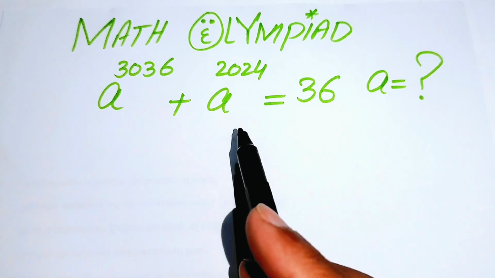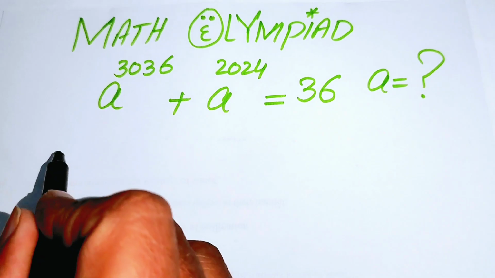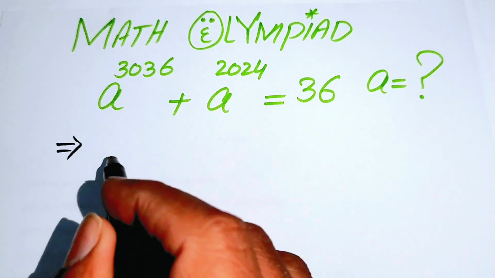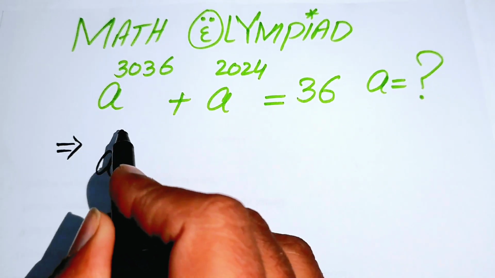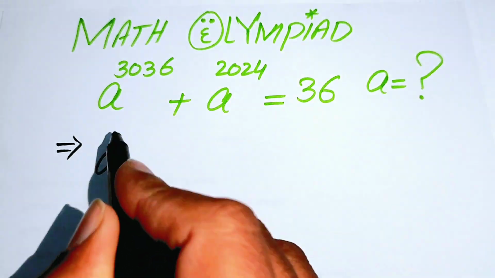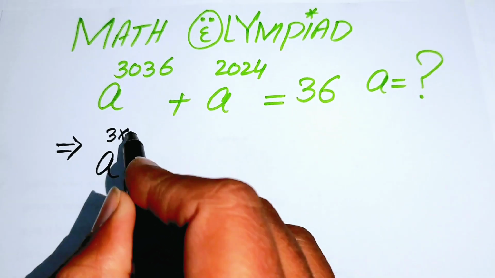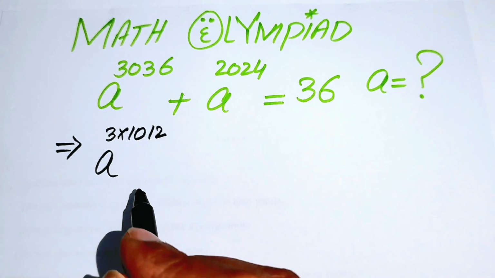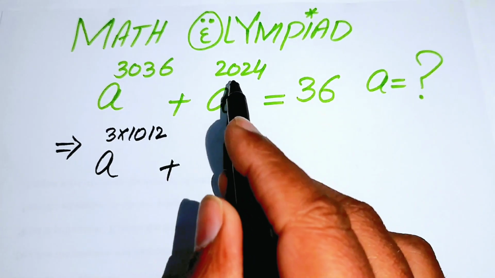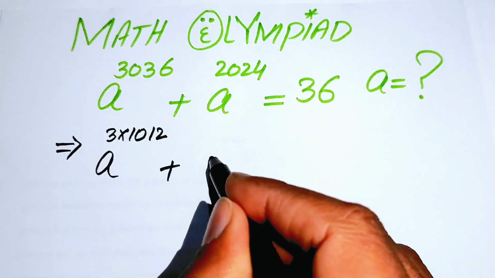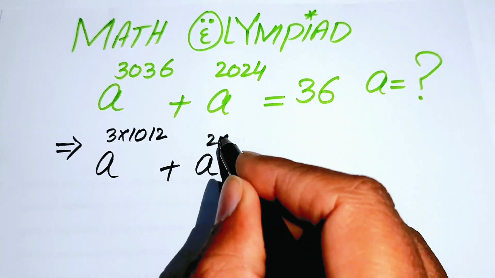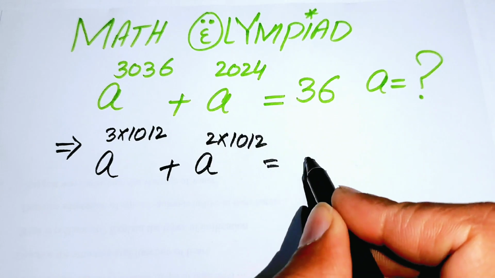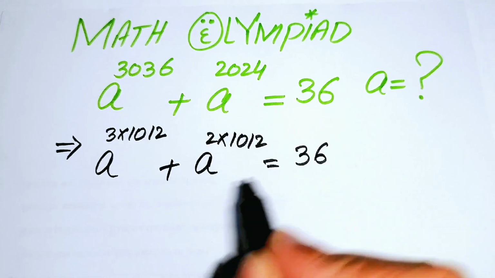So here first we rewrite this equation, and now we rewrite its exponents in this form: a to the power of 3 times 1012, and we know that 3 multiplied by 1012 equals 3036, plus similarly we write this 2024 as a to the power of 2 times 1012, and this whole equation equals 36.